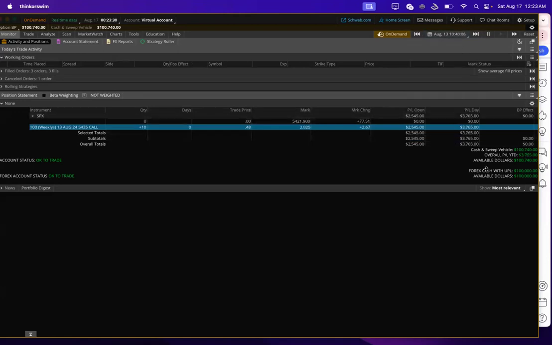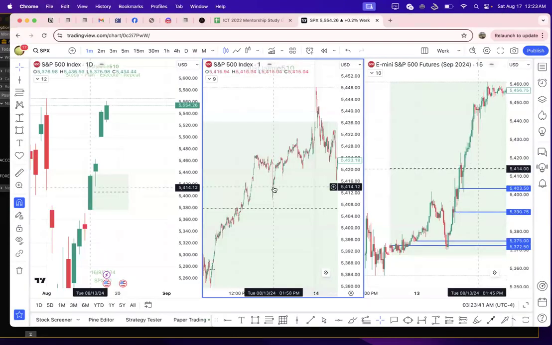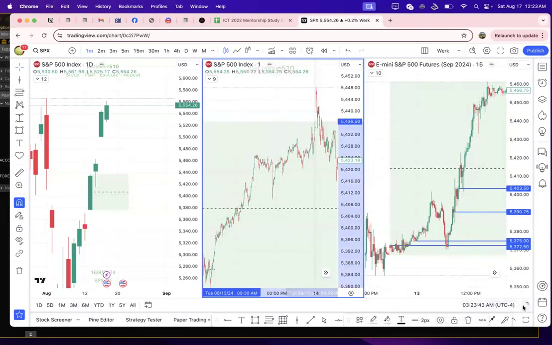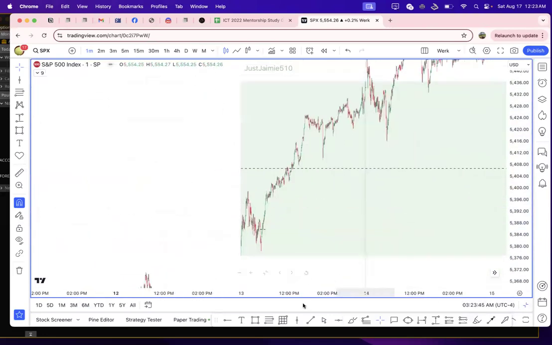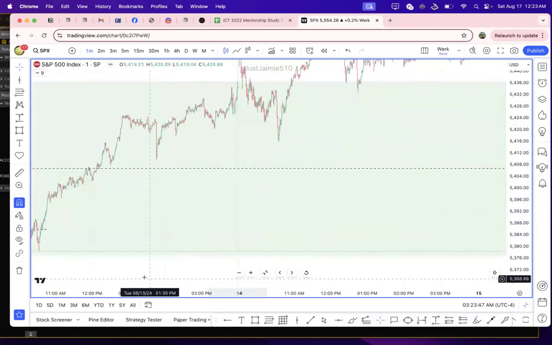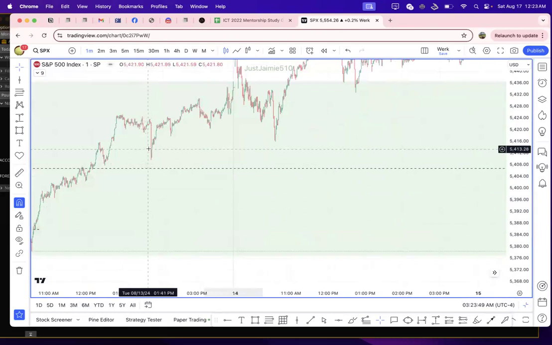So let's see. This is 1040 Pacific. So that's 140. Is that right? 140. I'm gonna make this big since we know what we're doing now. 140 on this particular day would have been after this pullback. Let me see. Oh, we're up right now.